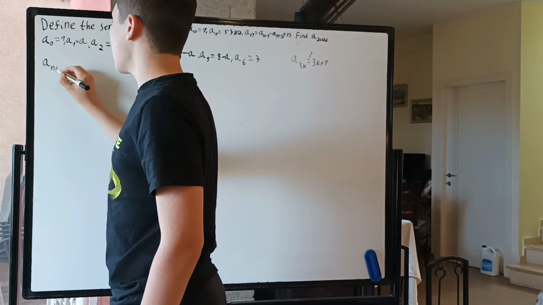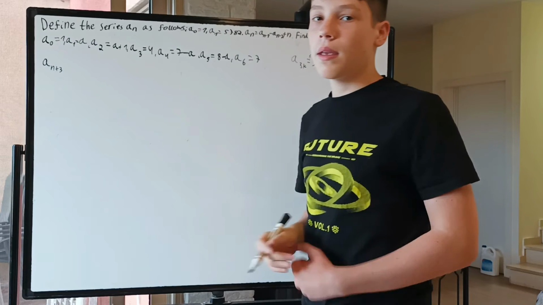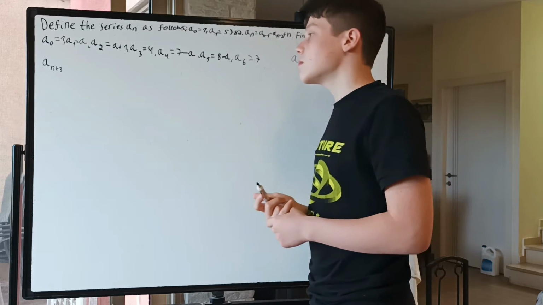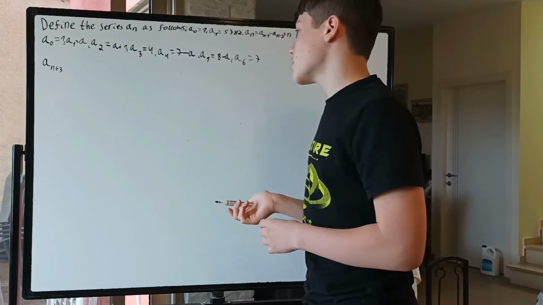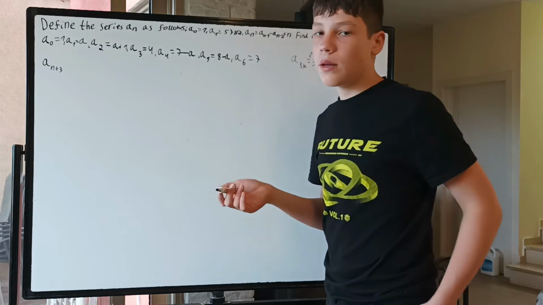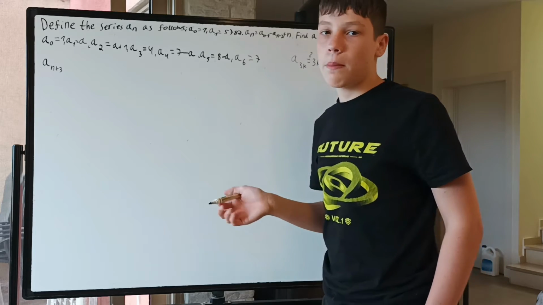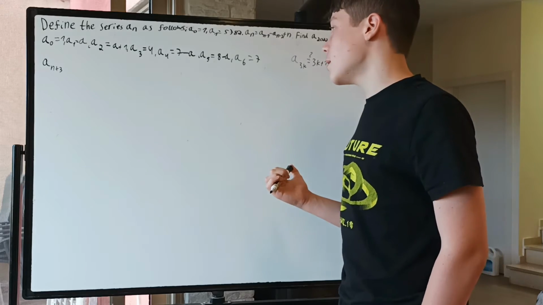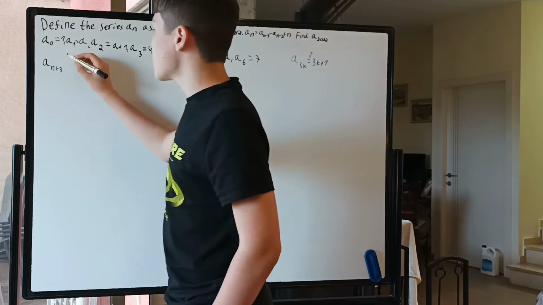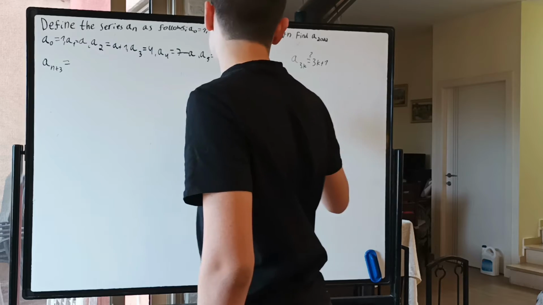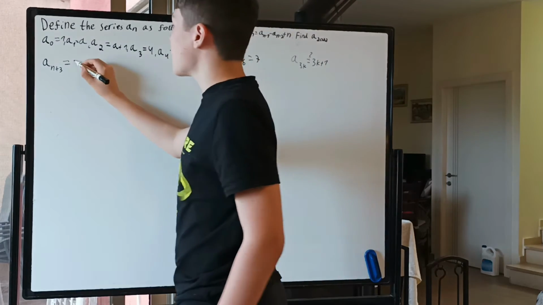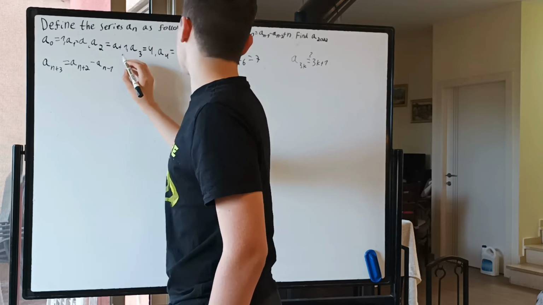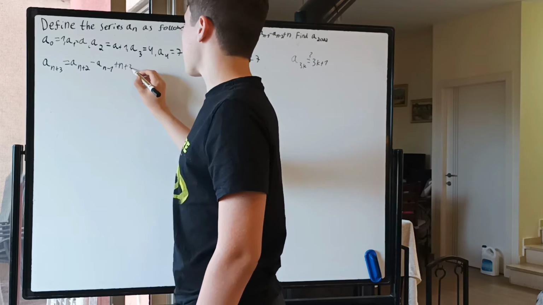So let's look at A_{n+3}. I'm going to use A_{n+3} just because it's a little nicer to work with. So this is by definition A_{n+2} minus A_{n+1} plus n plus 3.